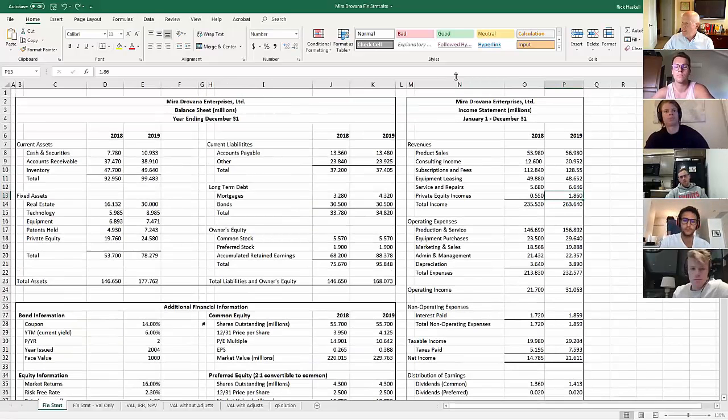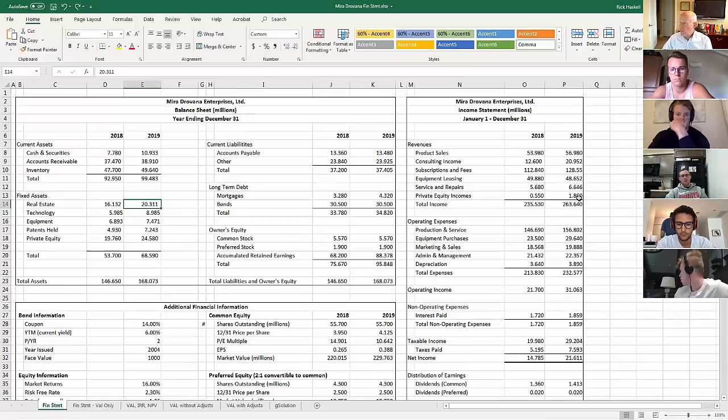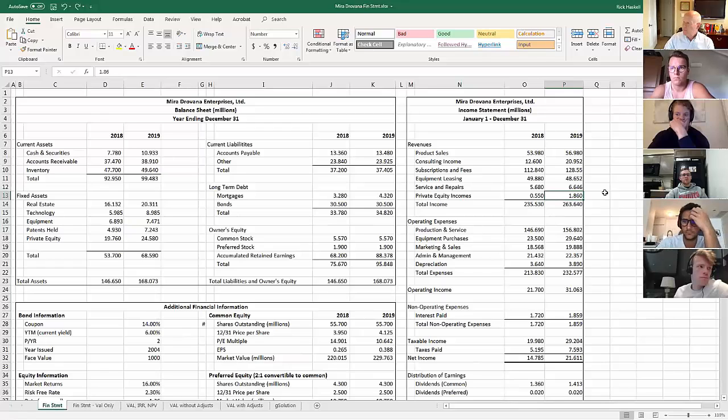Well, when we changed this number over here to about 11, that increased the operating income. Would that then also increase EBIT? Or rather, would that also increase free cash flow? Sure it would. So it's going to overstate it.